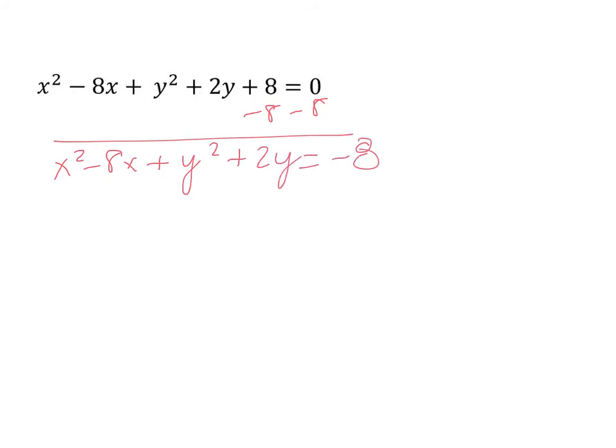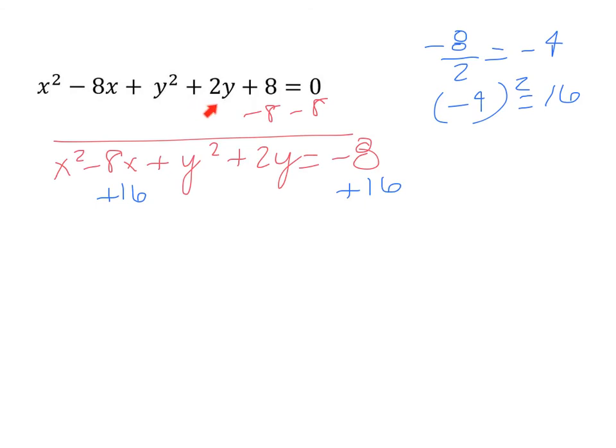So as far as the center term goes, I'm going to start with this -8x. So I'm going to do -8 divided by 2 is -4. -4 squared is 16. So I have to add 16 to here and 16 to there. Then I'm also going to do it with the 2y here.